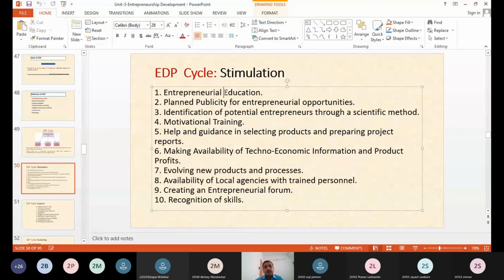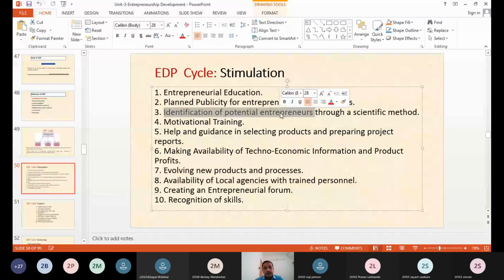Different opportunities are publicized, and the young people are motivated to approach these enterprise development programs. Once the young people approach such EDPs, potential entrepreneurs are identified through a scientific method, so that the real potential entrepreneurs are identified.